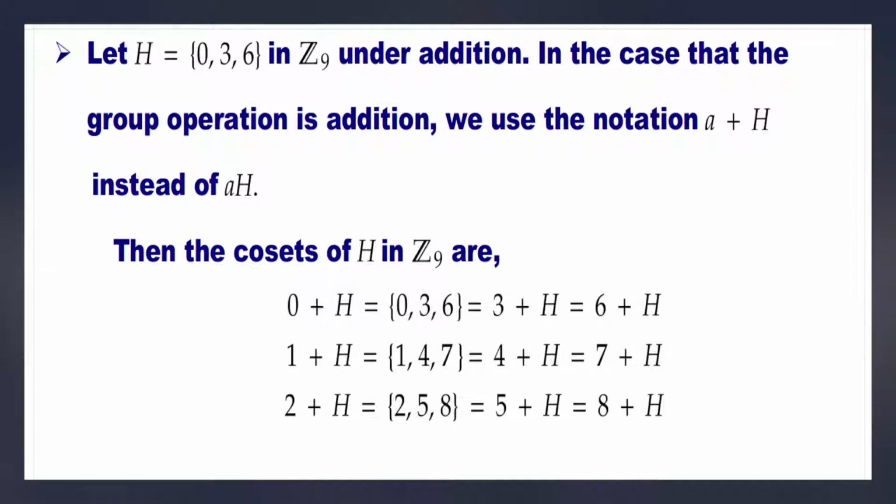Then the cosets of H in Z9 are 0 plus H equal to the set {0, 3, 6}, equal to 3 plus H, equal to 6 plus H. 1 plus H is equal to the set {1, 4, 7}, equal to 4 plus H, equal to 7 plus H. The set 2 plus H is equal to the set {2, 5, 8}, equal to 5 plus H, equal to 8 plus H.